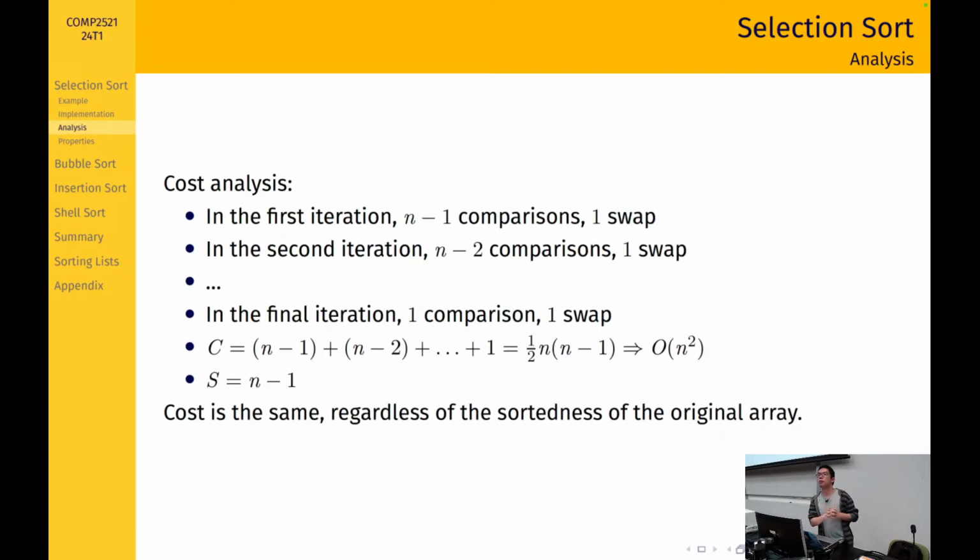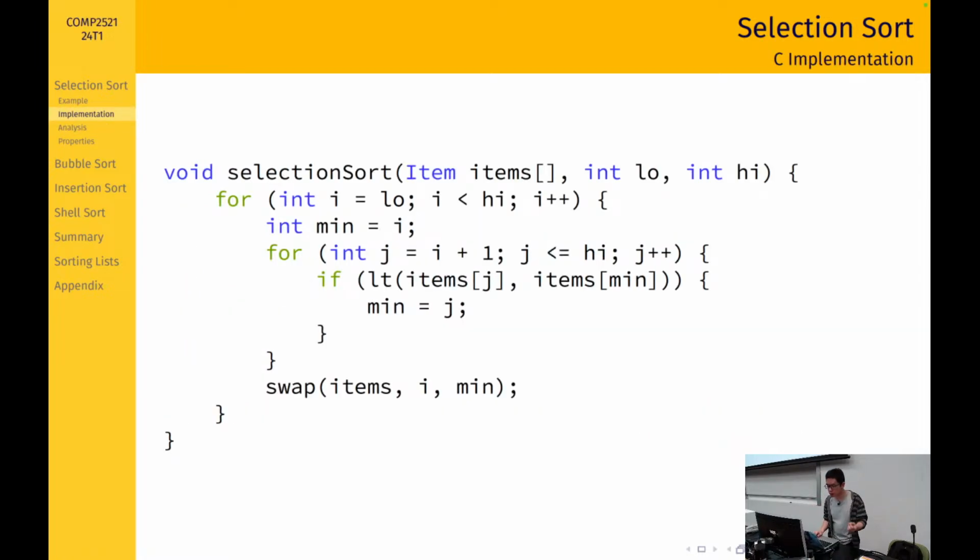To get the time complexity, is it just taking the maximum between C and S, or is there extra analysis you have to do? In the case of these basic sorts, like selection sort, bubble sort, and insertion sort, it's enough to just consider C and S, because these tend to be the operations that are performed the most during the sorting algorithm.